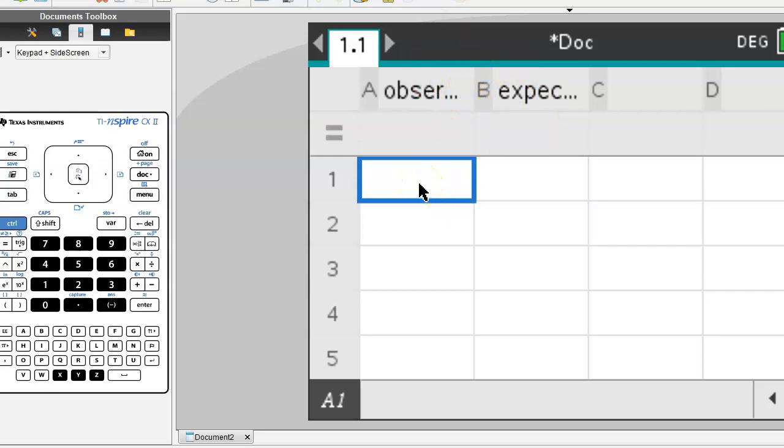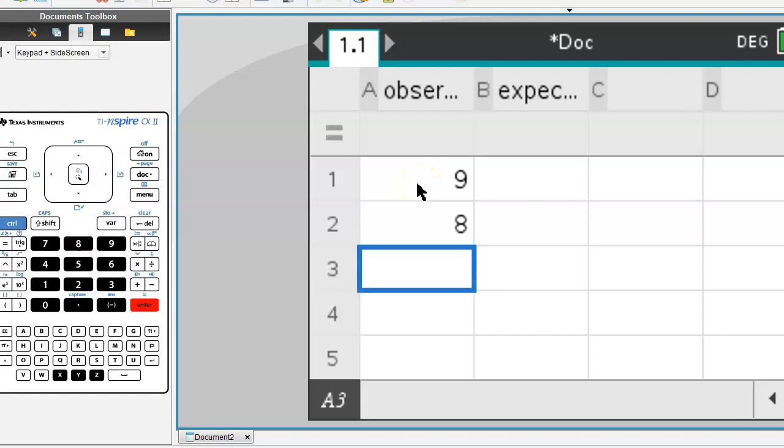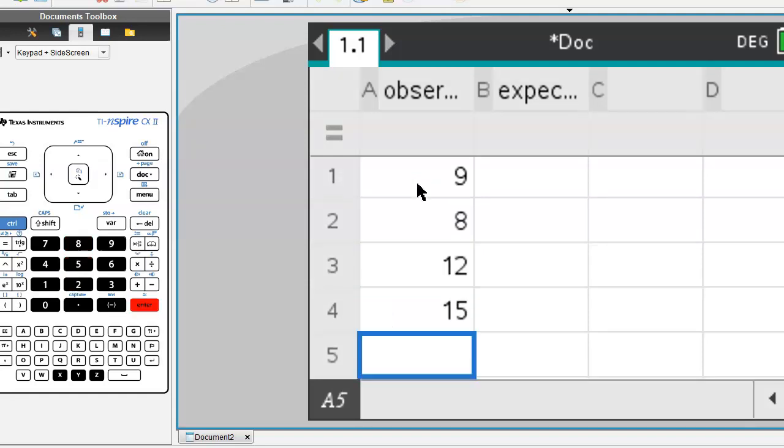So let's go through and input what we have for observed. On our list we had 9 blue M&Ms, 8 orange M&Ms, 12 green, 15 yellow, 10 red, and 6 brown M&Ms.